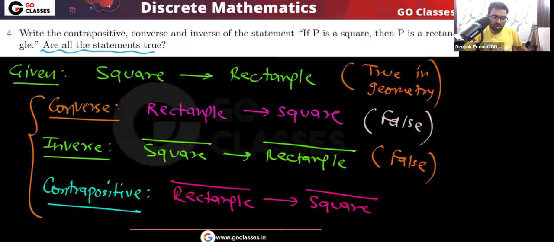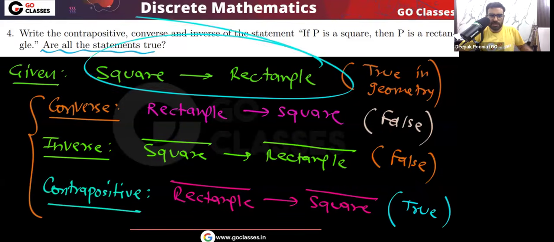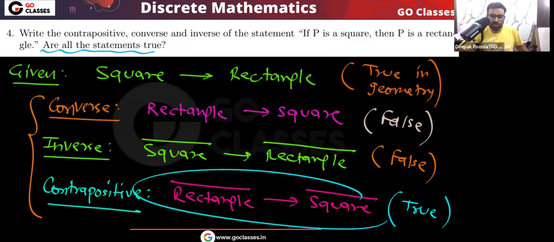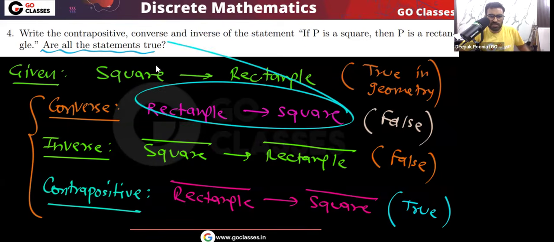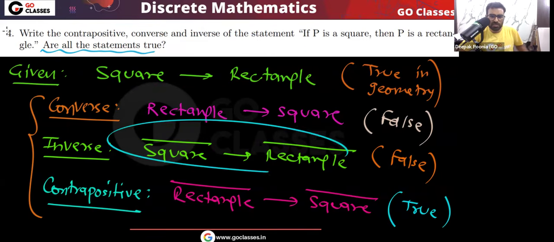That if a shape is not rectangle, then definitely it is not a square. Yes, this statement is true, because we already know every square is rectangle. Very simple. Here also you can see that the given statement is equivalent to the contrapositive. But the given statement is not equivalent to the converse, and not equivalent to the inverse. Okay, so very simple. I hope you understood.